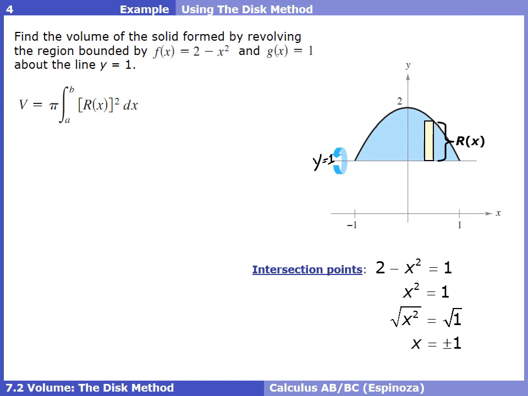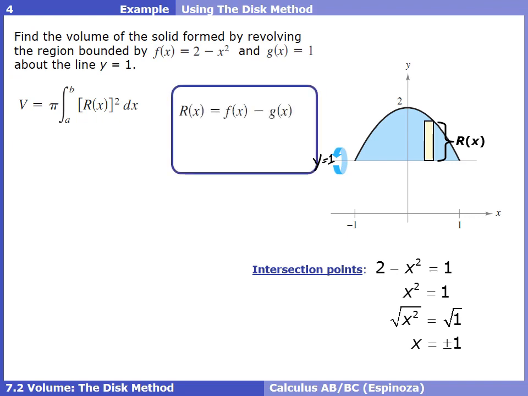So to do that, anytime you want to find these representative rectangles vertically, the height of them, that is, we need to take whatever the top of the rectangle is touching and subtract away whatever the bottom of the rectangle is touching. And I'm going to go ahead and do that on this side here, just so the main problem doesn't get too messy. So big R is going to be the function f minus the function g.